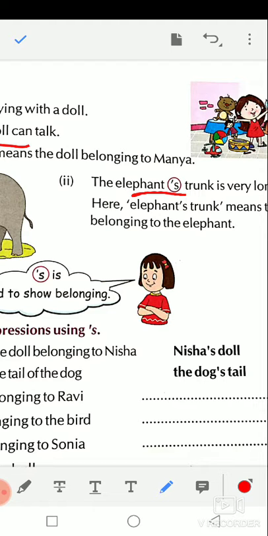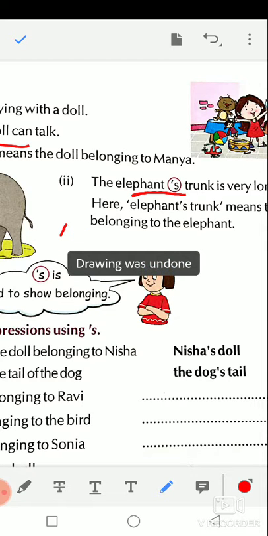We can also write that by putting an apostrophe and then s. This is the apostrophe sign. Then we put s to show the belonging, that this thing belongs to someone or something.